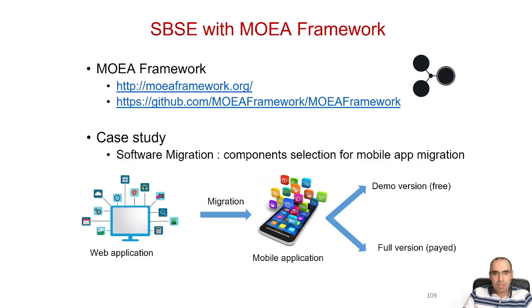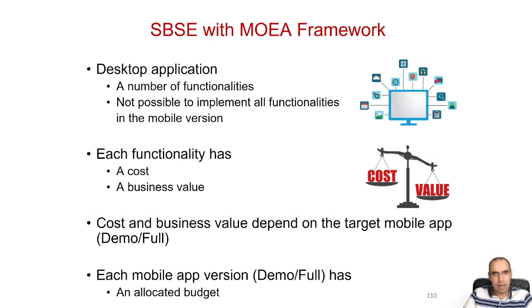For the demo version, actually, there are a limited number of functionalities as compared to the full version, or to the full application. The original application has a number of functionalities, the actual website, and it's not possible to implement all these functionalities in the mobile version, as this depends on some constraints, like for example performance, size, and other constraints like the budget.